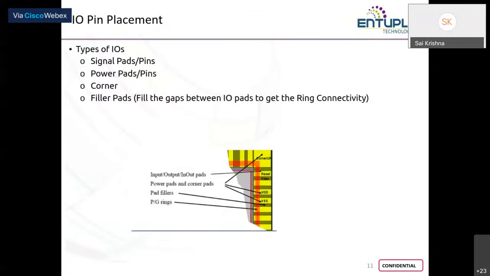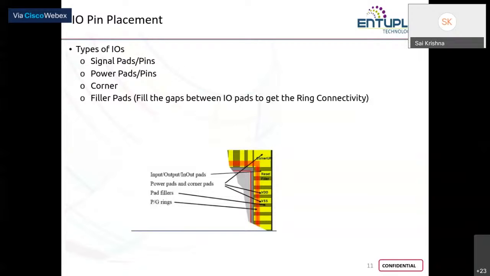If you already have an IO placement file, you will directly source it in your EDA tool, so that at the exact precise location, the corresponding IO pin will be placed. If that is not the case, you will have to manually place it as a part of your floor plan.